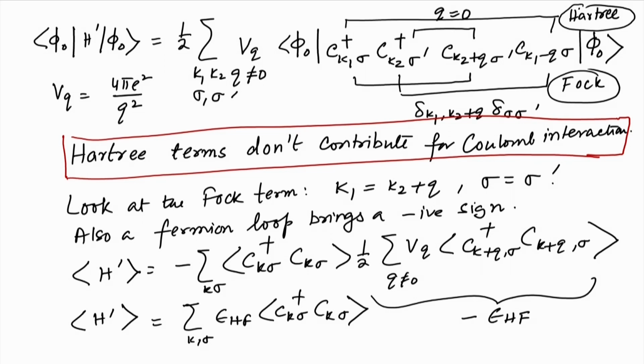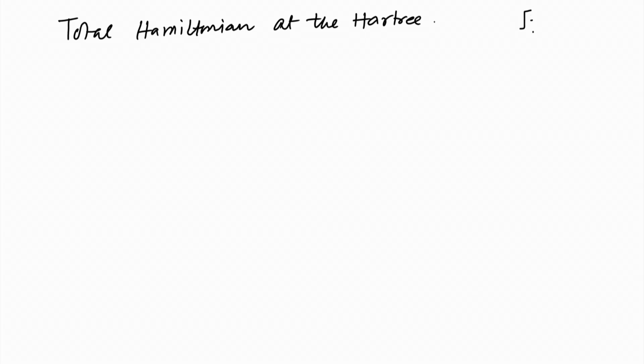So, thus the total Hamiltonian including this energy correction at the Hartree Fock level is equal to, okay, let us just write the interaction Hamiltonian, since that was not the total Hamiltonian.